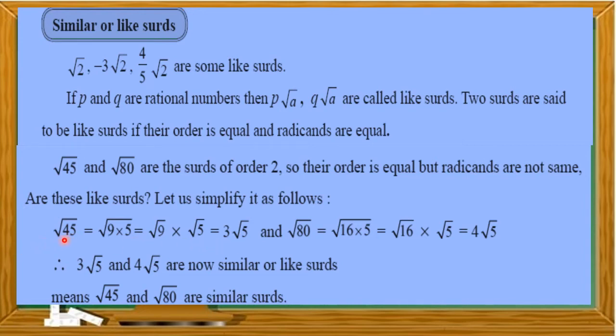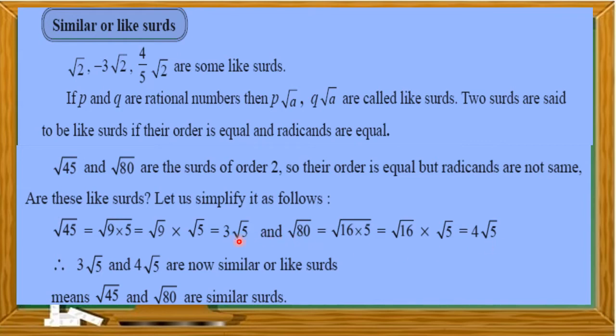We have simplified root 45 as 3 root 5. Root 80 is equal to root 16 into 5 is equal to root 16 into root 5 is equal to 4 root 5. Means root 80 is simplified as 4 root 5.